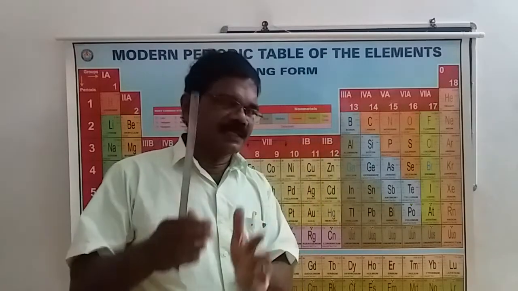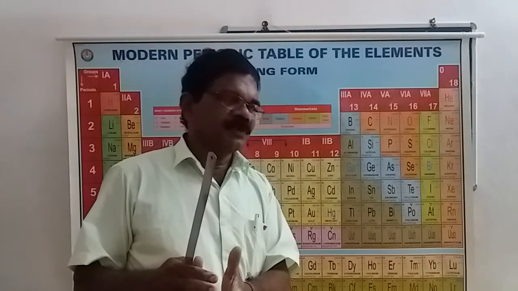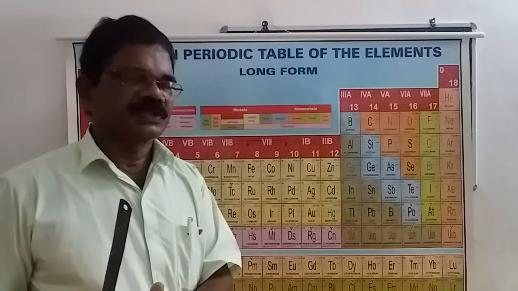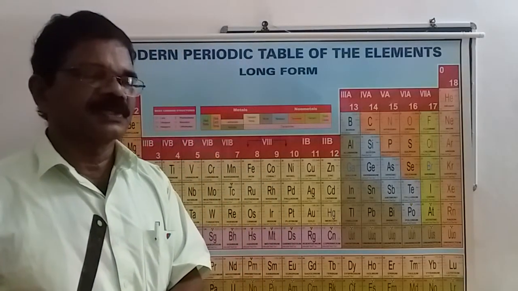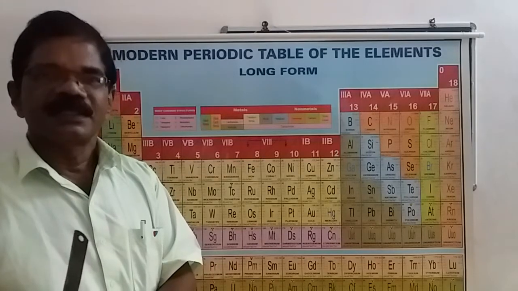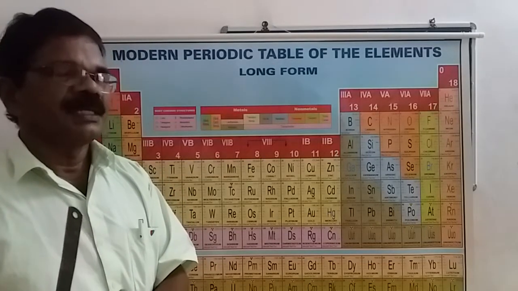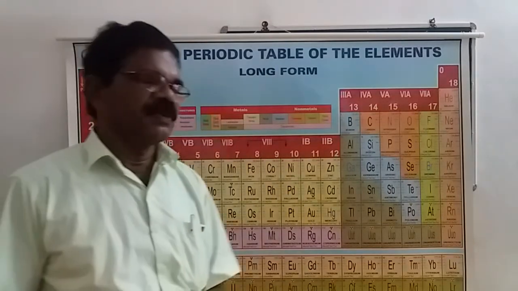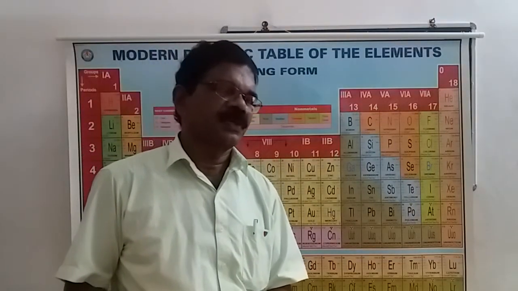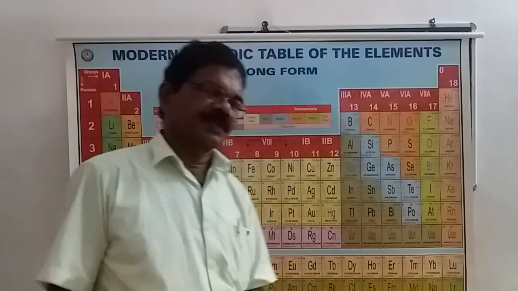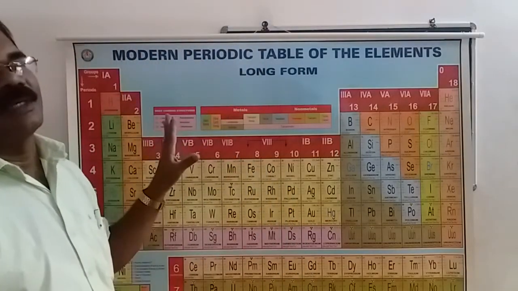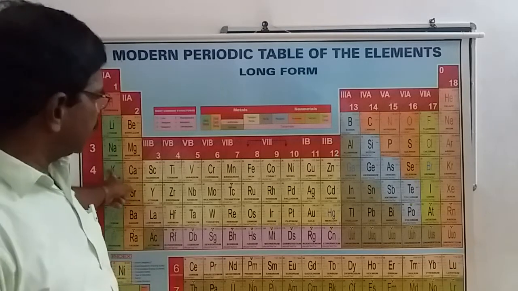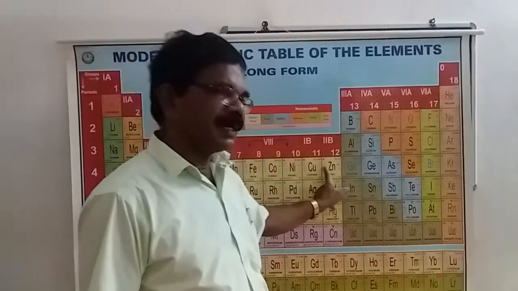When the size decreases, the outermost electrons are closer to the nucleus, so the tendency to lose electrons is very less. At the same time, if the size is big, the outermost electron is far away from the nucleus, so it can easily give electrons.